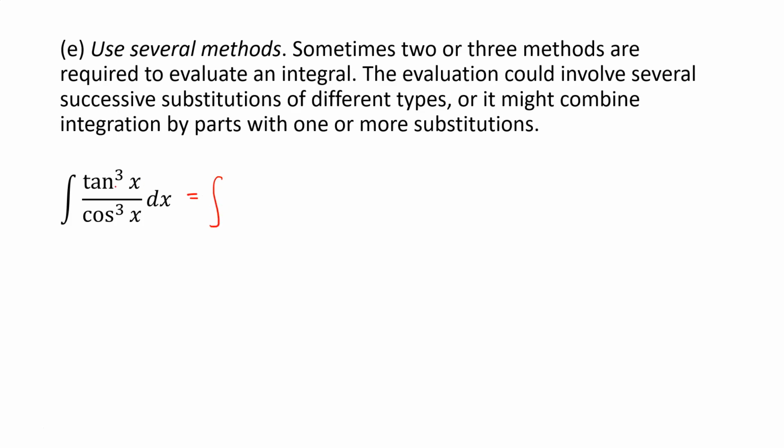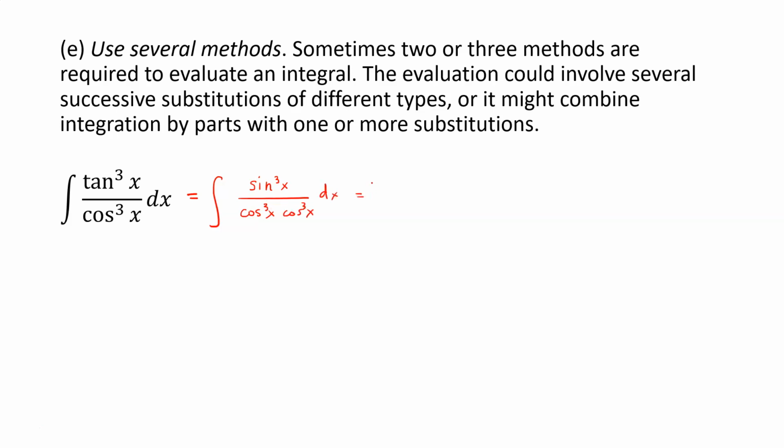For instance, if I try to rewrite everything in terms of sine or cosine, oftentimes that can be a helpful way to manipulate it. For this one, I can write tan cubed as sine cubed over cosine cubed. And then I have another cosine cubed down here.